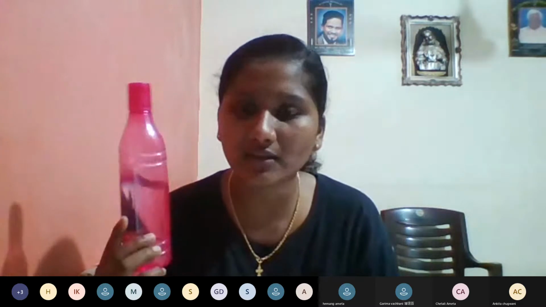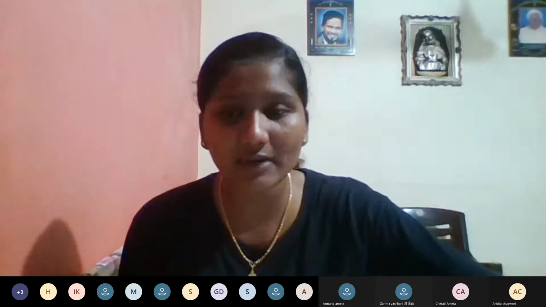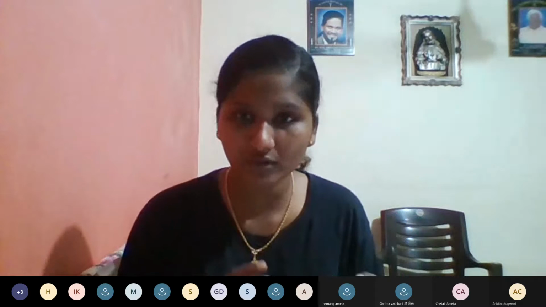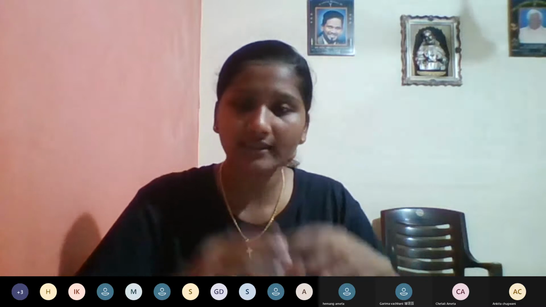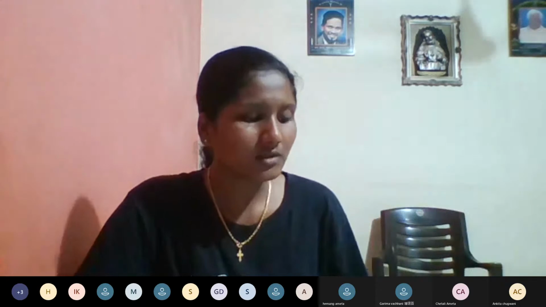I have filled this bottle with water. So similarly, the parenchyma tissue fills itself with food. They store food, which is made in the leaves and stems. Food is made in the leaf, then transported into different parts like stem, flower, fruit, everywhere. So they basically store food.